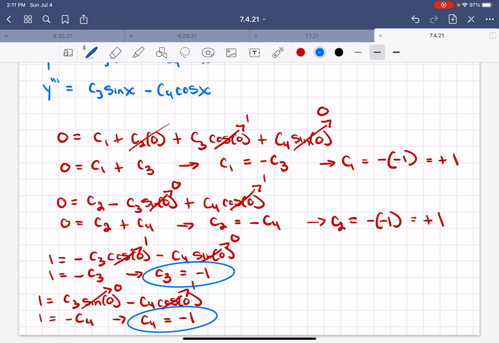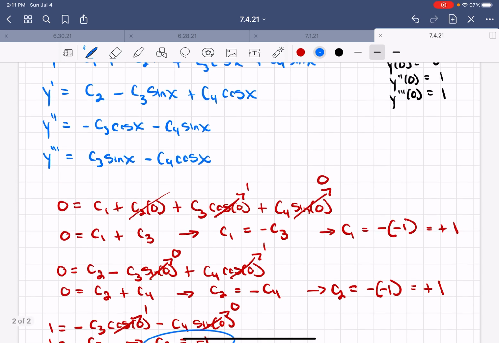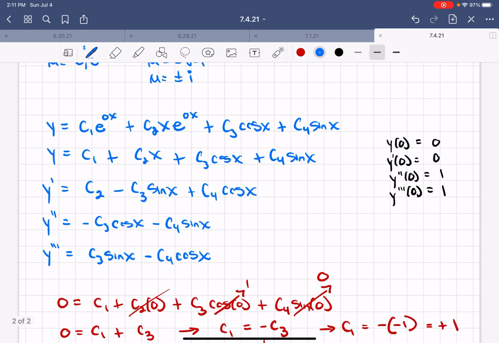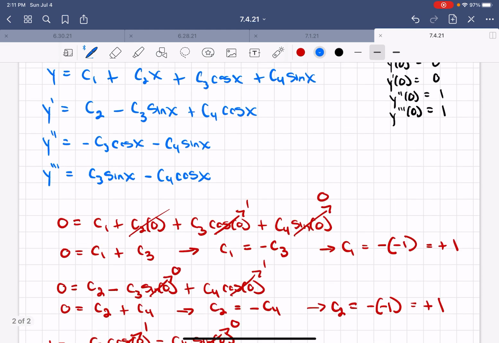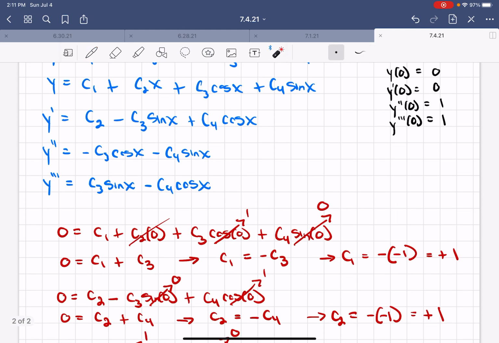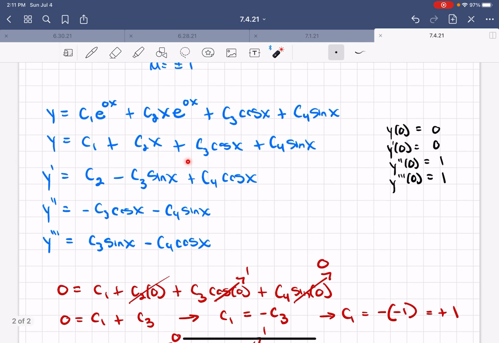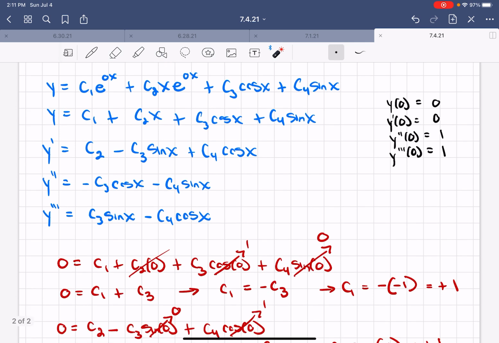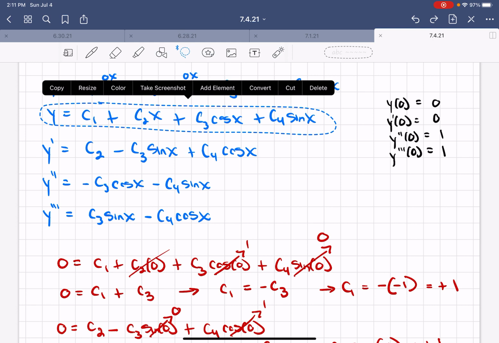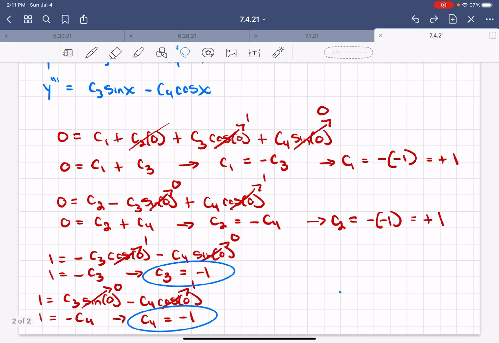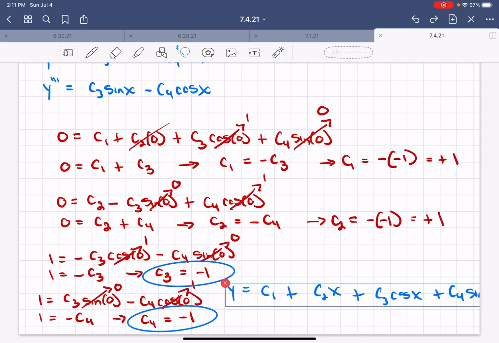So now we can go ahead and write the solution, plugging in c1, c2, c3, c4, which are constants, into this equation right here.